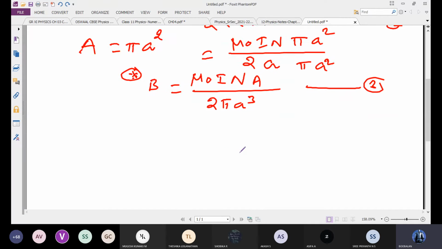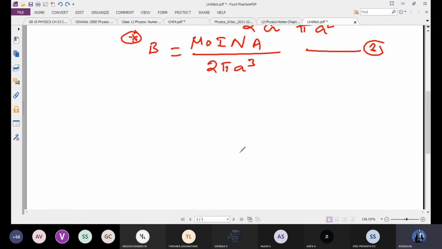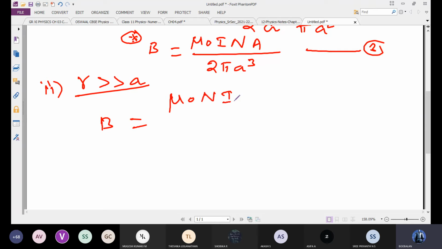Second one, so A value is very small compared to R. The formula B equal to mu naught n I a square divided by 2r cube, because A value is neglected.